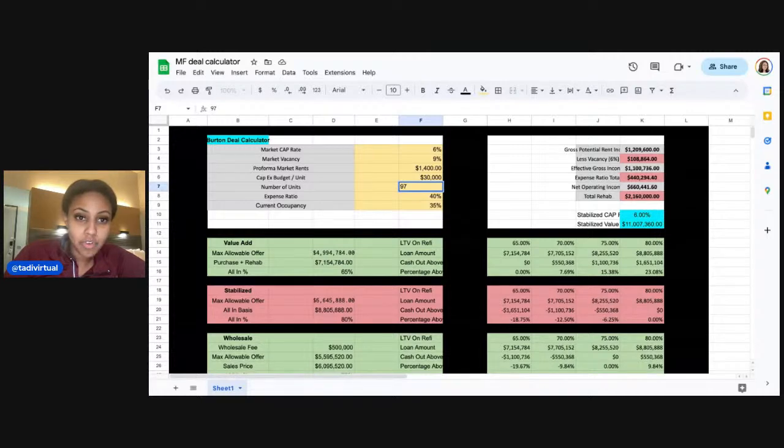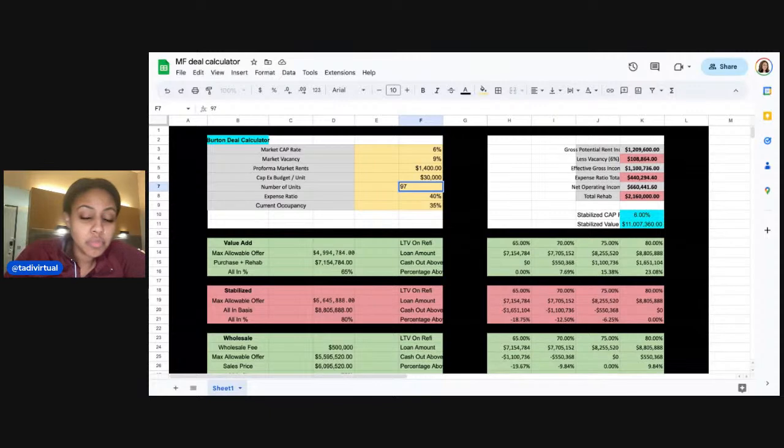Almost every market has some kind of a breakdown: average occupancy rate, average vacancy rate, average cap rate. And you can use these articles to fill in your worksheet.